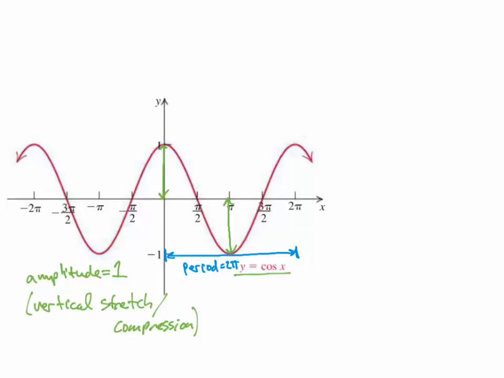Similarly to sine, the cosine graph hits 0 at certain points, and it has maximum and minimum values at certain points. The cosine graph equals 0 here, and equals 0 here.